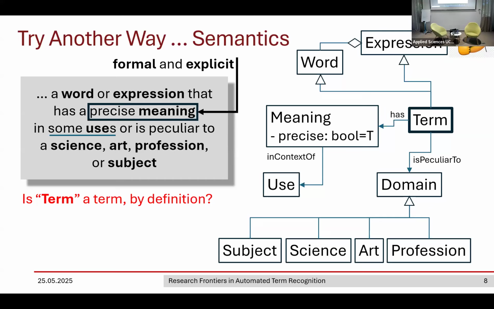We could see that it is somehow associated with the meaning, which has a qualifier precise, could be Boolean, could be whatever. A meaning is associated with the context of use, and the term is peculiar to a domain, which is a superclass for subject, science, art, and profession.